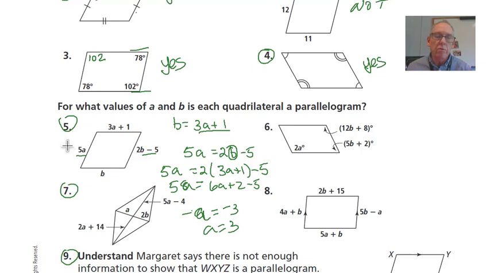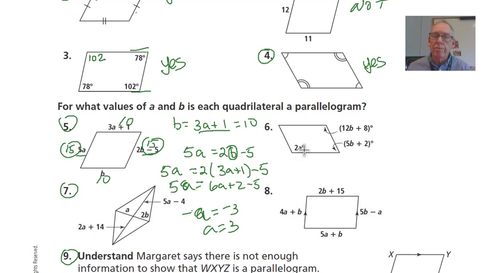So if A is equal to 3, this side's going to be a 15. This is going to be 2B take away 5. B is 3A plus 1, so B is going to be 3 times 3 plus 1, which is 10. And 20 take away 5 is 15, so we got opposite sides equal there. And then 3A plus 1, 3 times 3 plus 1 gives us 10, and B is 10. So we can demonstrate that opposite sides are congruent. So we've got a parallelogram for number 5.